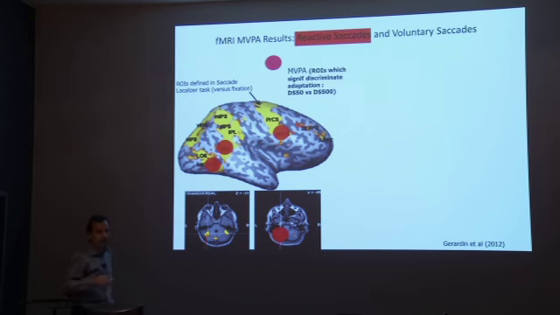Then we studied each of these regions of interest separately using MVPA, to know whether the region could statistically discriminate between our 2 main tasks, which, if yes, would indicate that it is involved in saccadic adaptation.